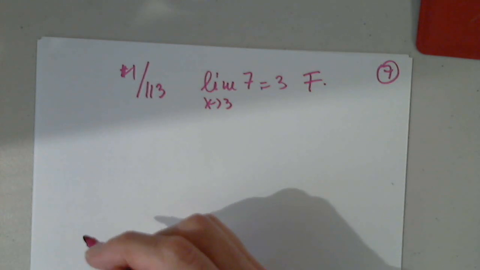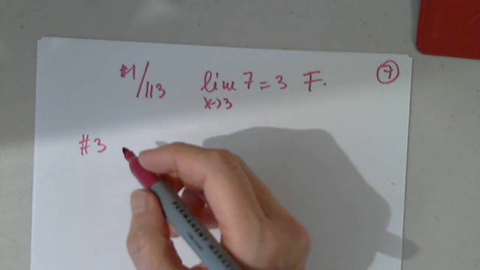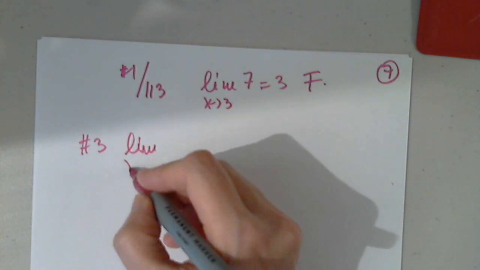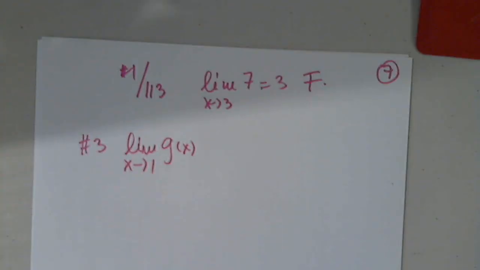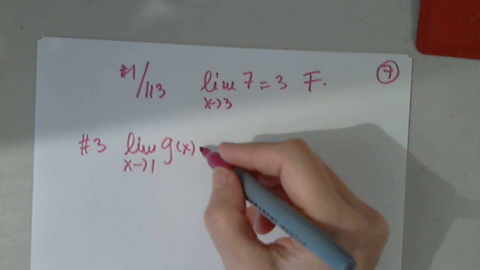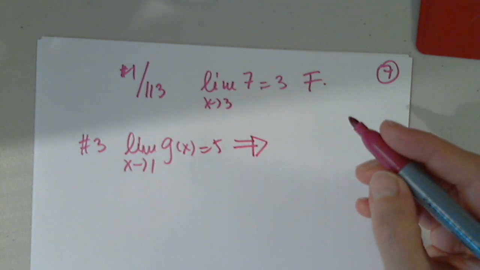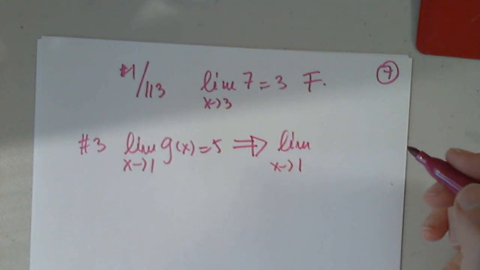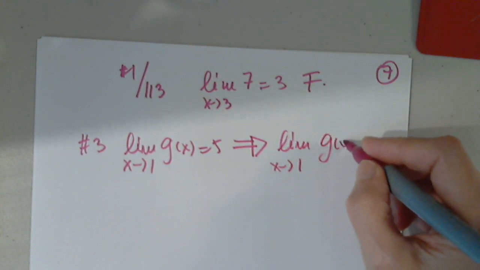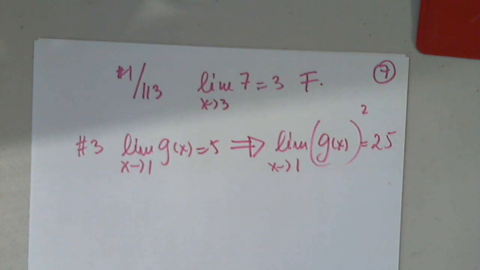What about number 3? It says, given that the limit of g of x when x approaches 1 from either side is 5, can I draw this conclusion that the limit as x approaches 1 from either side of g of x squared is 25?